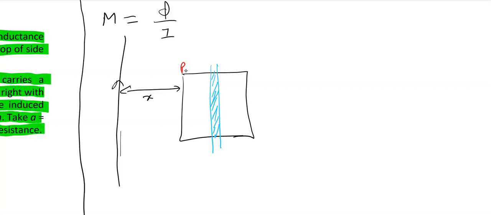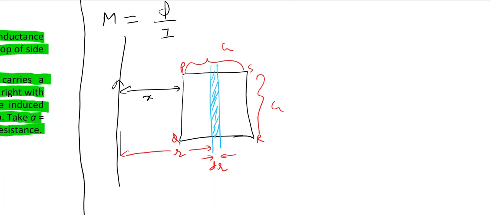So if this is P, Q, R, S, we consider at r distance a thin part of thickness dr. We know that this side is a and this is also a.